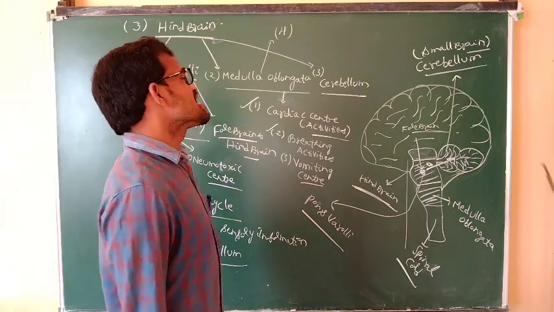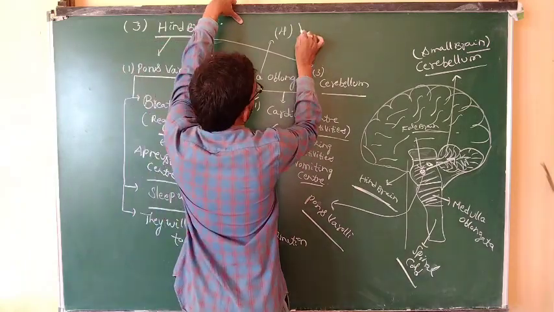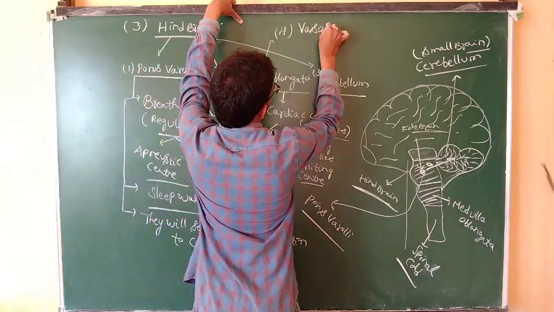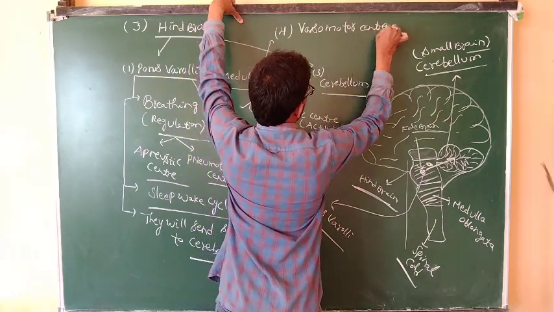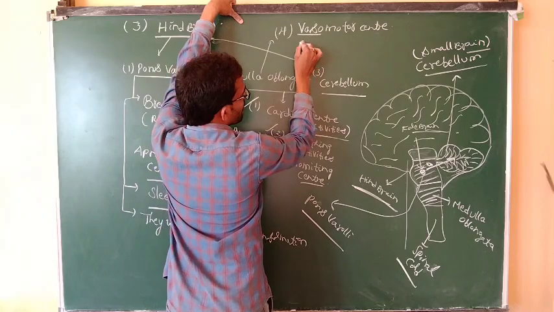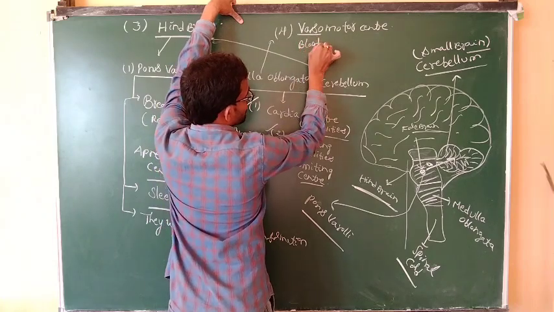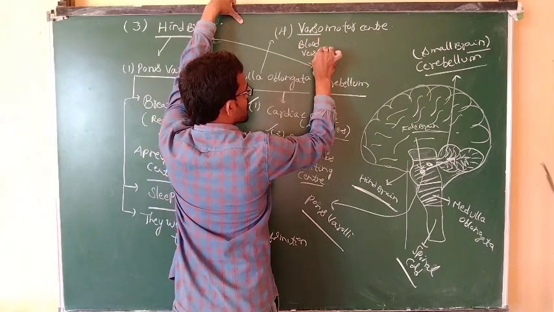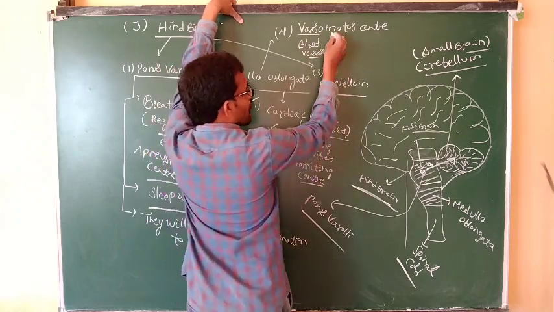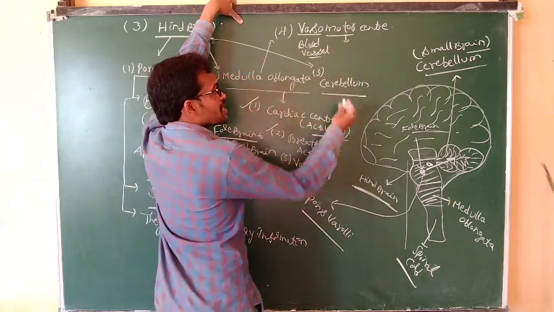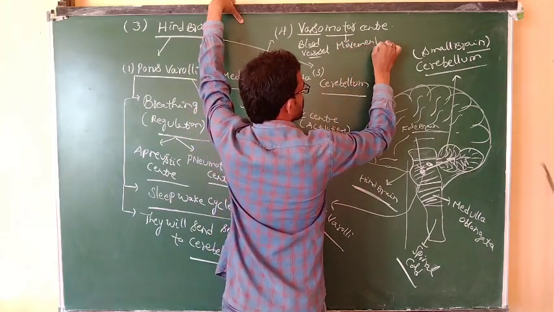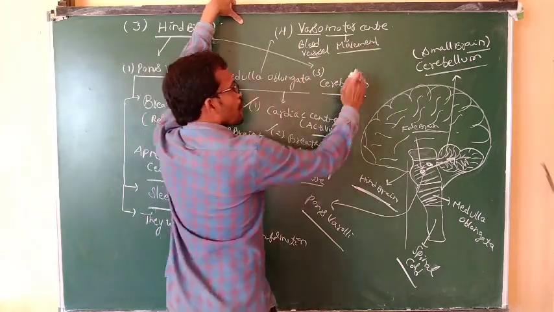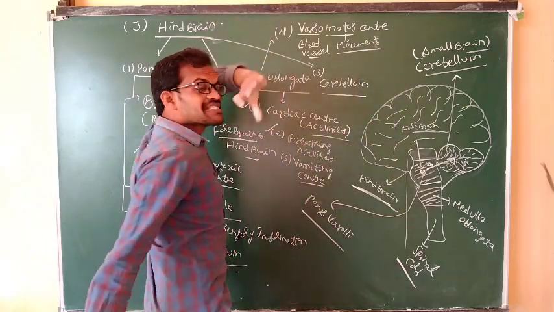What is the fourth important function? After the vomiting center, it controls the vasomotor center. Vaso means blood vessel, and motor means movement.